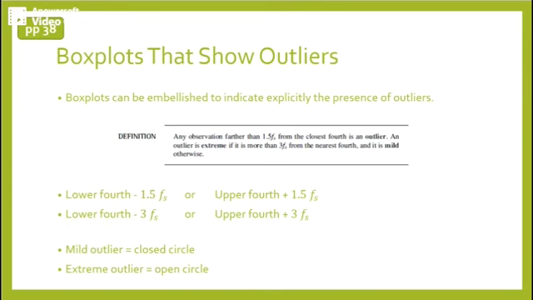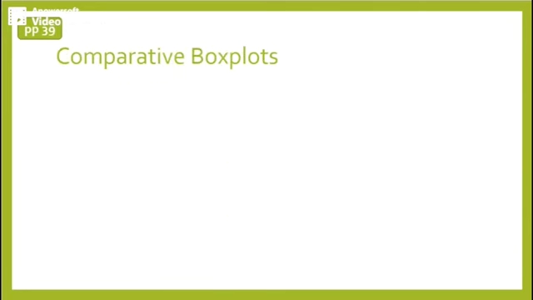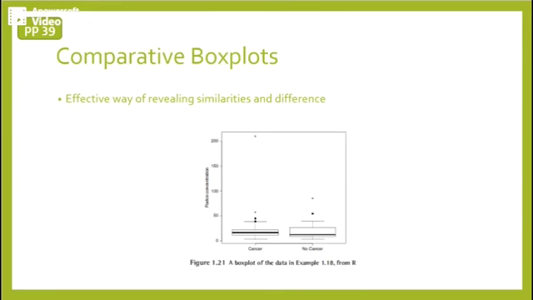The last thing that you also need to do for this section is comparative box plots. These are an easy way to reveal similarities and differences between two data sets. As we did with the side-by-side stem and leaf diagram, we now have box plots side by side.